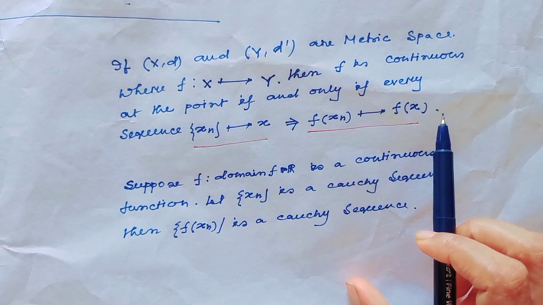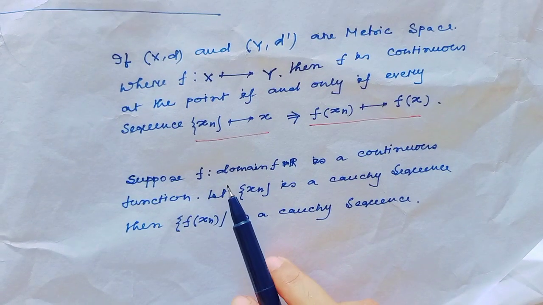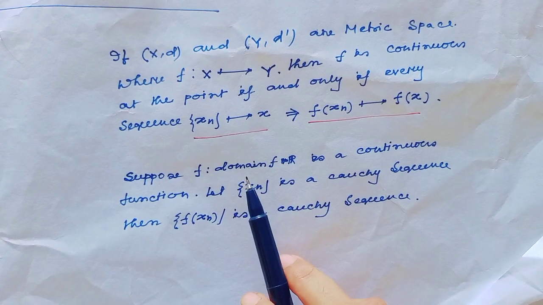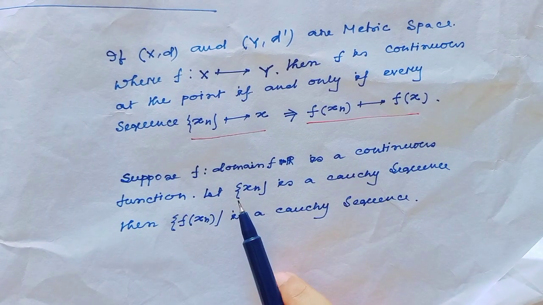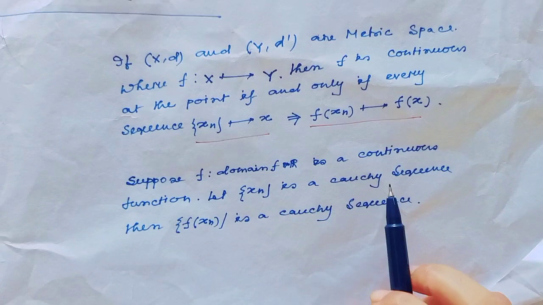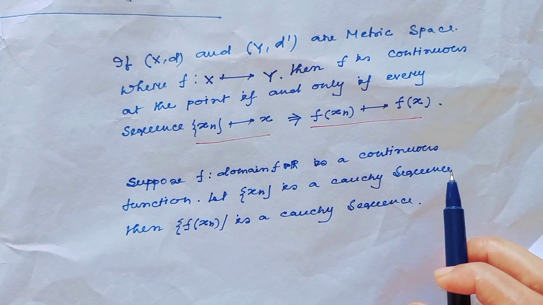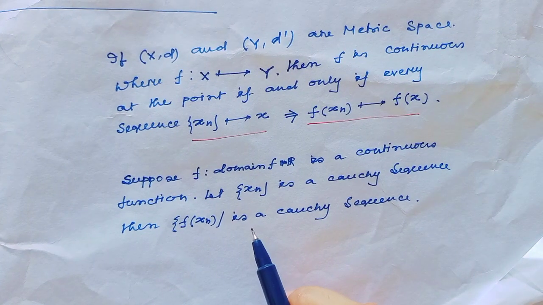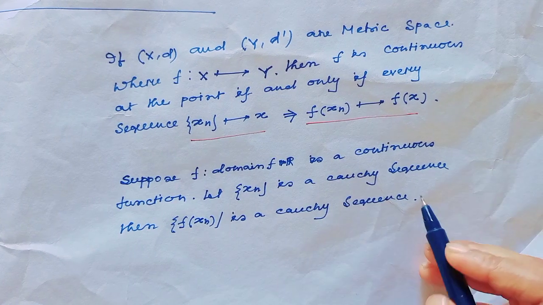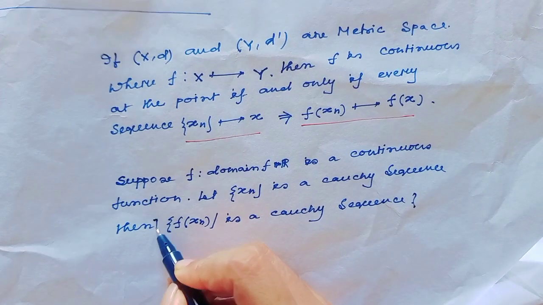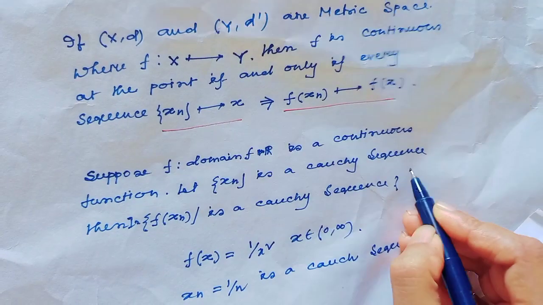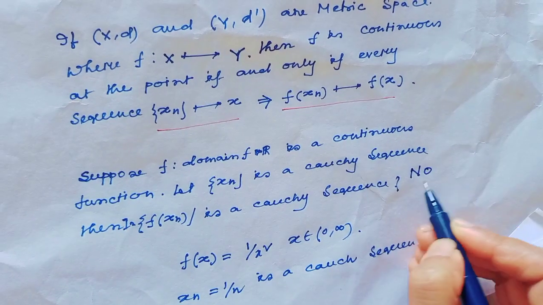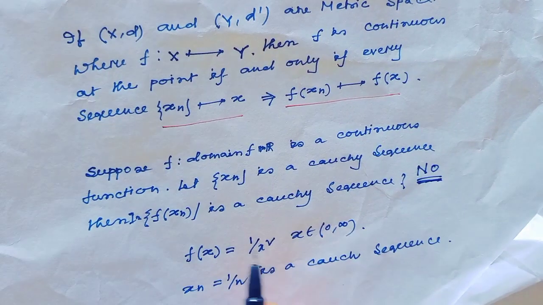But in continuity, suppose f is a mapping from a domain to R which is a continuous function, and let xn be a Cauchy sequence. Then does that imply f of xn is a Cauchy sequence? Is it true or not? In continuity, this is not true. A Cauchy sequence does not map to a Cauchy sequence.